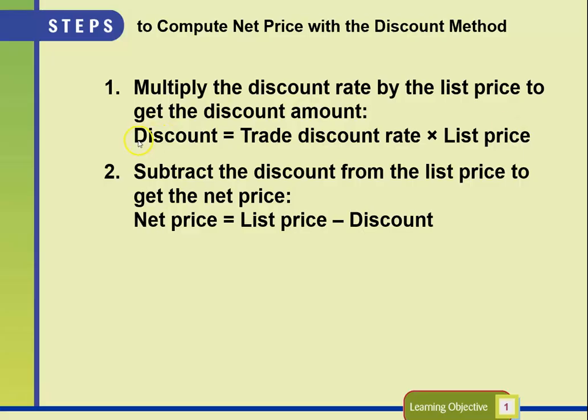This is going to give you the discount amount. Next, we're going to subtract that discount from the list price, and the result is going to be your net price. So really it's just two steps. First, figure out how much of a discount you're getting, and then subtract it from the original price to see what you'll actually pay.